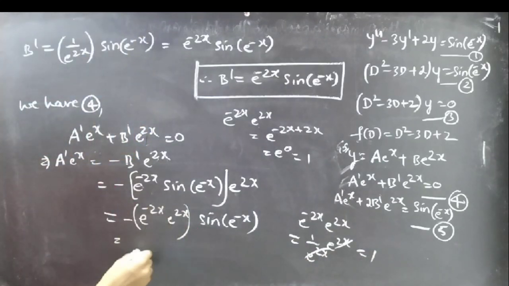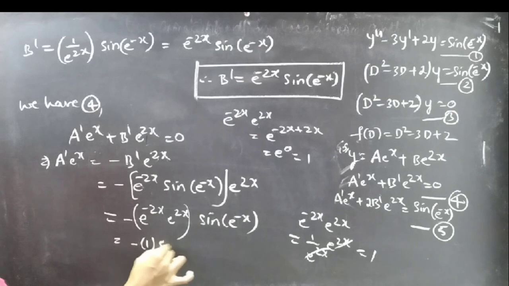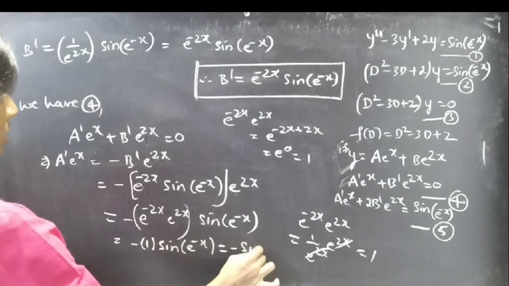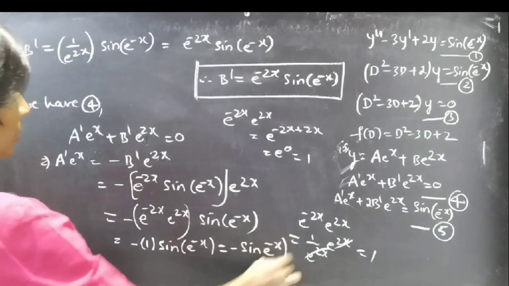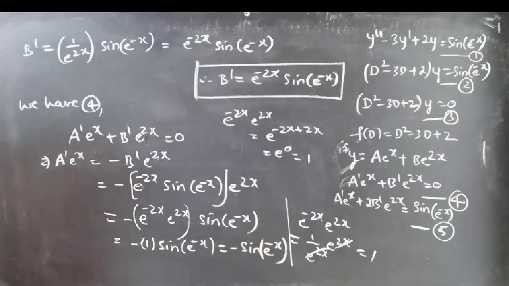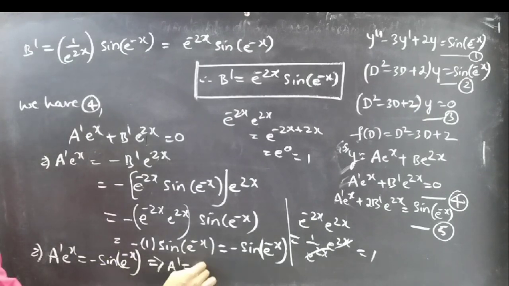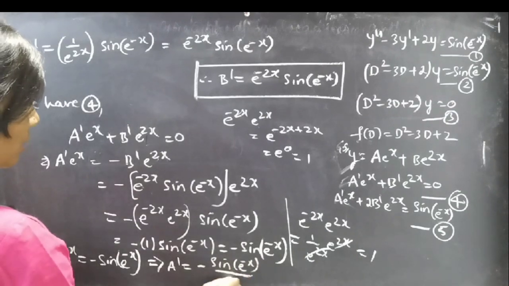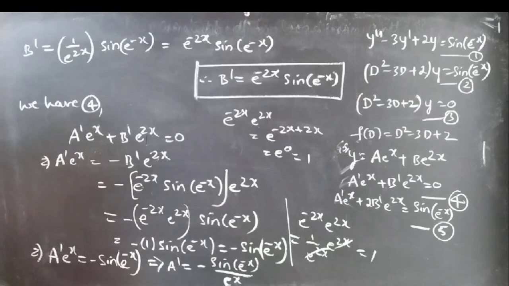You can just replace it with 1. You will get minus 1 into sine of e power minus x, which equals minus sine e power minus x. From this we'll get a dash equals minus sine of e power minus x by e power x.